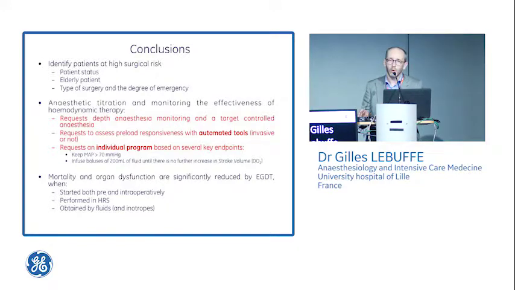And after, you have to optimize your patient hemodynamically. So stroke volume monitoring is quite interesting. And this strategy, also named early goal-directed therapy, is associated with a better prognosis, and you have a financial cost saving in our institution.